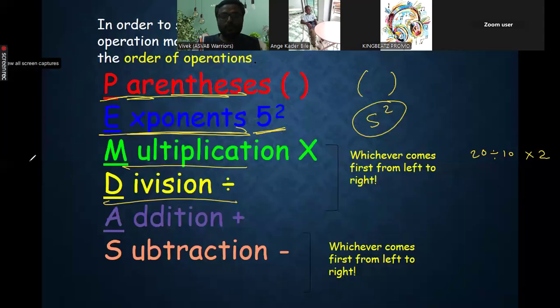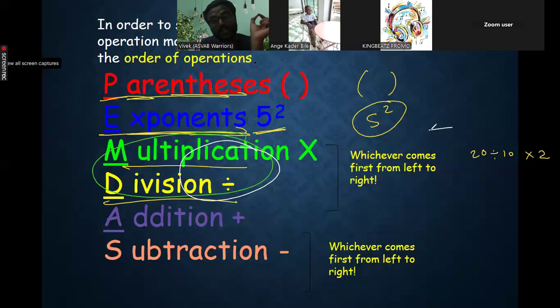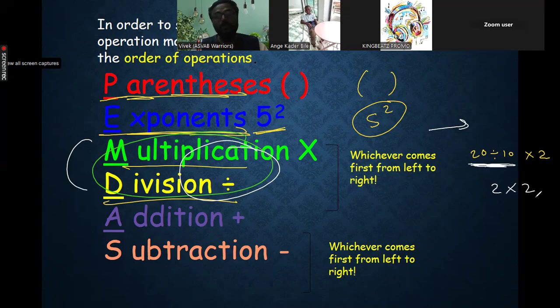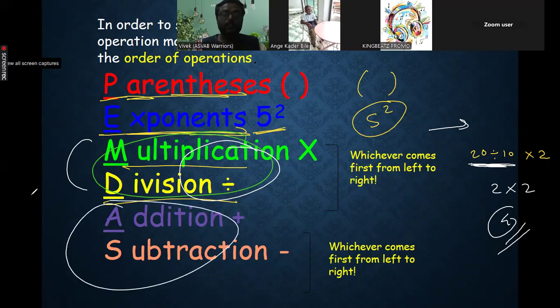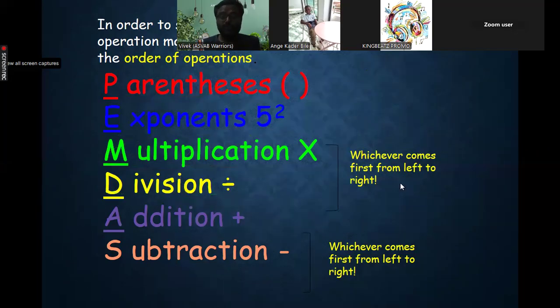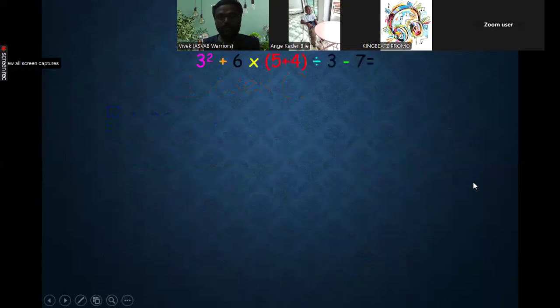In this, multiplication and division, you do whichever comes first from left to right. Don't go by the letters of PEMDAS. They have themselves said multiplication or division, whichever comes first. So 20 divided by 10 is 2. 2 times 2 is equal to 4. Addition and subtraction, whichever comes first on the left is what you do.